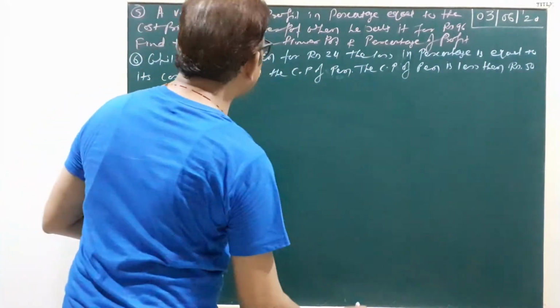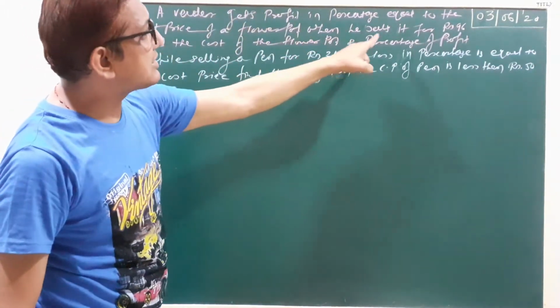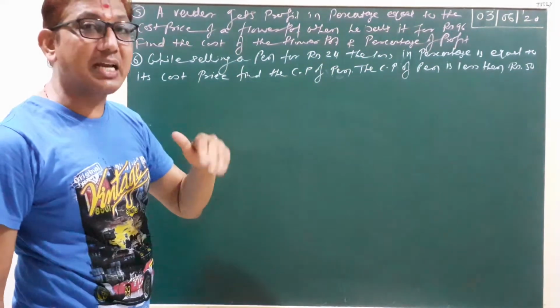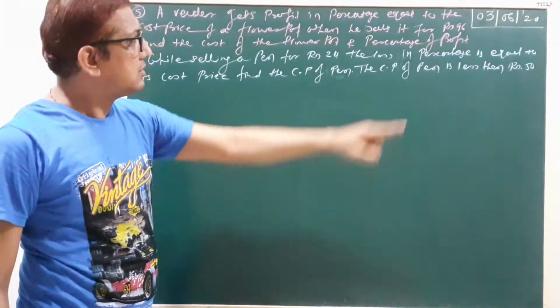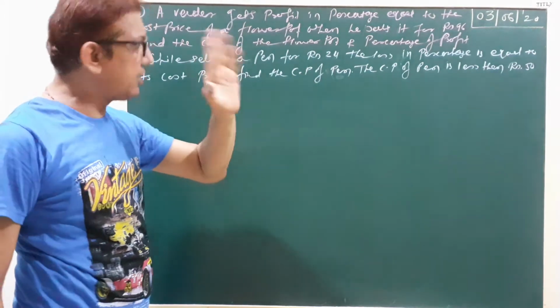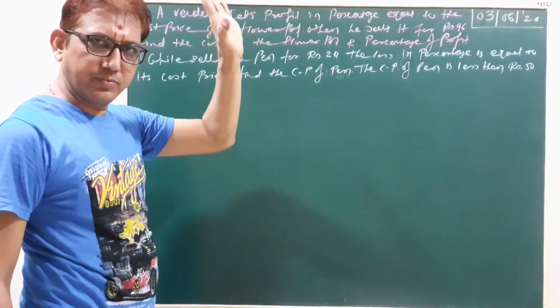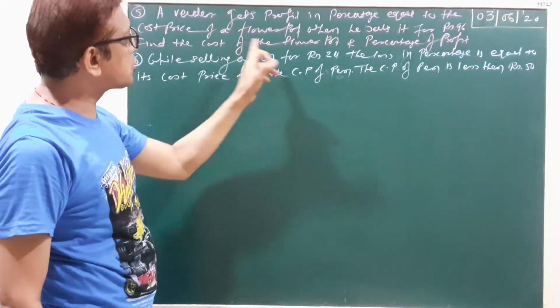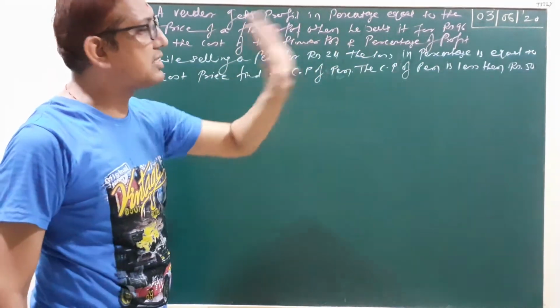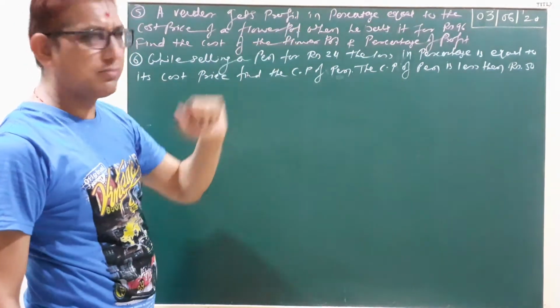Now, the next sentence. When he sells it for rupees 96, that is the selling price. Selling price is 96, given. Okay. Find the cost price of the flower pot. Our final question is to find the cost price of the flower pot and the percentage of profit, because both are the same. Okay.